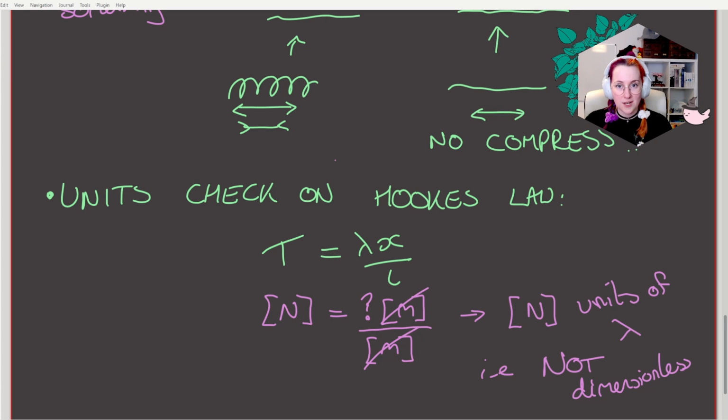They don't have any dimension in them. They are a dimensionless quantity, so we can compare them across. Young's modulus, or in this case the modulus of elasticity, has units.